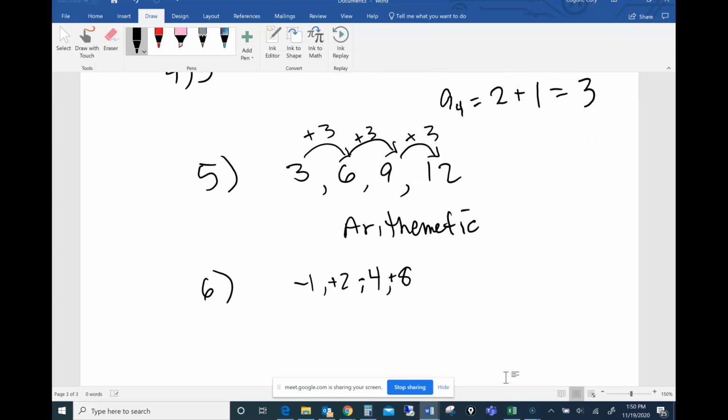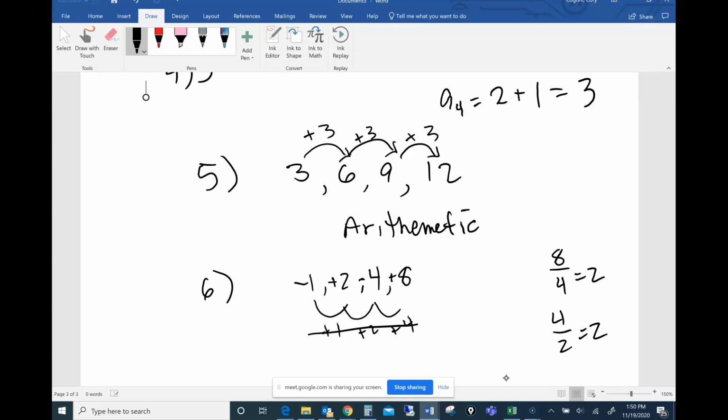Okay, so to move from one to the next, if you wanted to try to add common numbers, you'll see that the numbers that you're adding is different each time. So it's not an arithmetic sequence. So it definitely, that doesn't work. But if you notice, if you take one of the numbers, like the last number 8, and you divide it by 4, you get a 2. If you take the third number and divide it by the second number, you also get a 2.